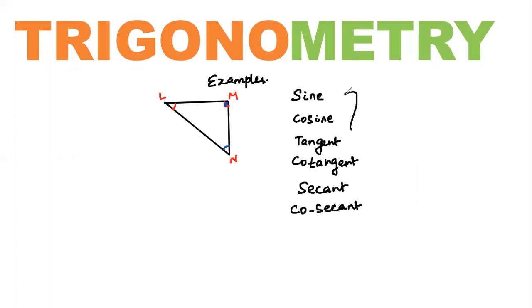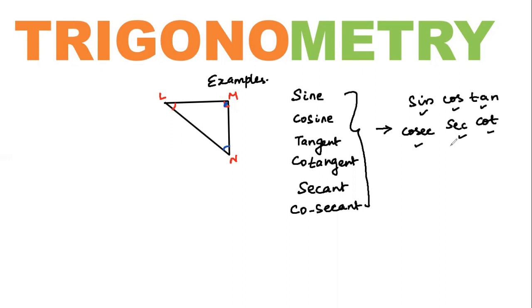In short, they can be called sin, cos, tan, cot, sec, cosec. So these are the 6 trigonometrical ratios which are derived from the 3 sides of a right angle triangle.